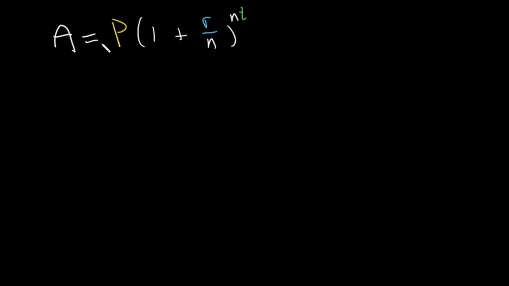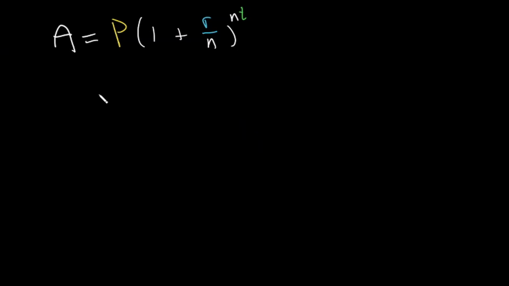So the formula for the total amount of money in compound interest would be A is equal to the principal times 1 plus r divided by n raised to the n times t.